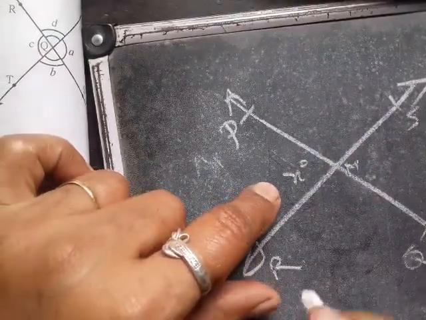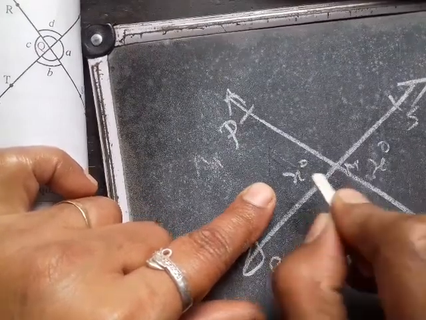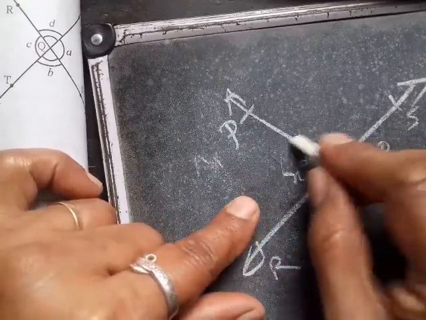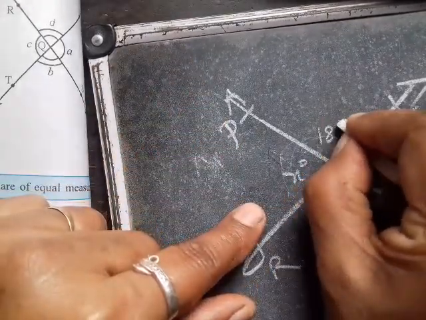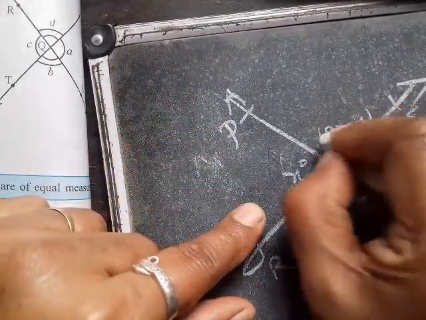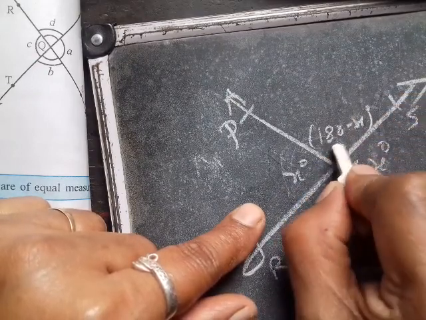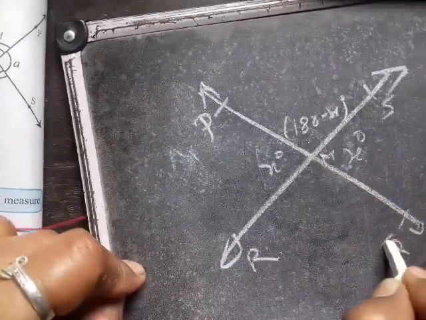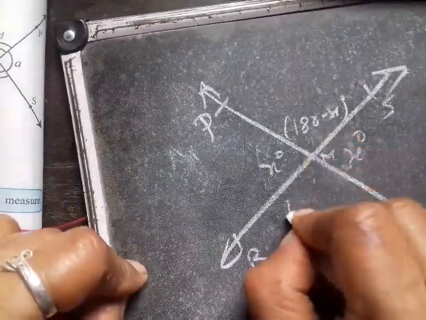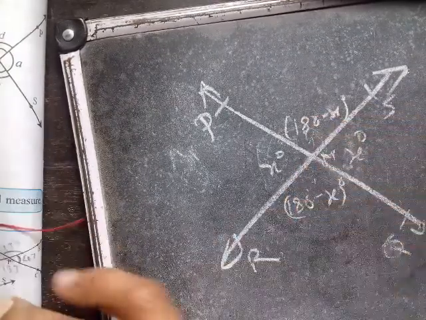If this is x degrees, then its opposite angle is also x degrees. And if it is x degrees, it forms a linear pair with this. Then we will get 180 minus x, because the sum of these two is 180. And if this is 180 minus x, then angle RMQ is also 180 minus x, because it is vertically opposite. This way you have to calculate.